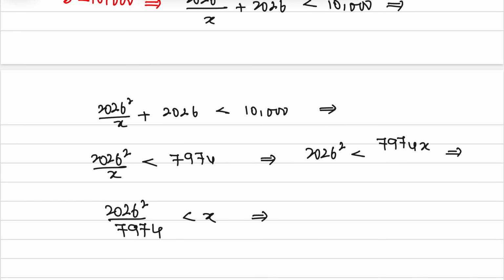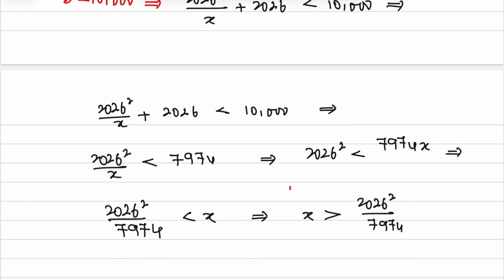When you reverse the positions of elements from right to left and left to right in inequalities, it is very important: less than becomes greater than. x is greater than 2026 whole squared by 7974.